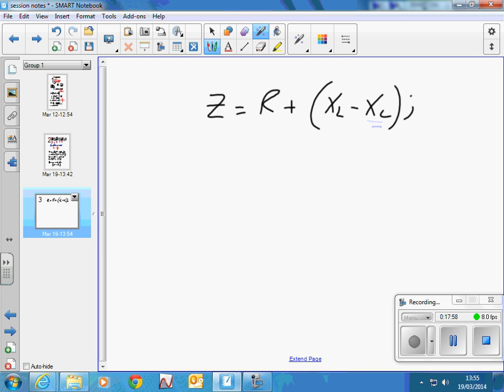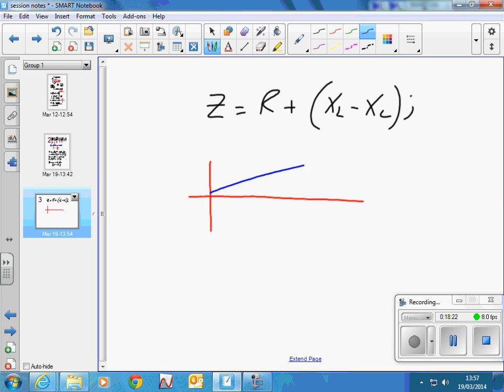If you think about when we want maximum current, what situation here would give us maximum current? What's the smallest value Z can have? If you remember, this is the impedance of the circuit, which is made up of the pure resistance, which goes along here, and the reactance, whether it be total reactance of inductive or capacitive.